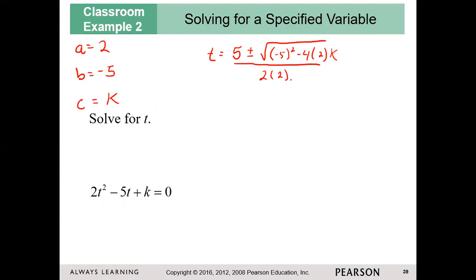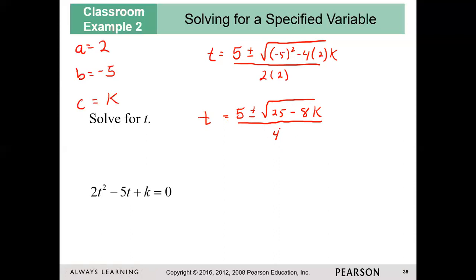And we've substituted everything that we needed to substitute, and now we're just going to try and clean it up as much as possible. So 5 plus or minus the square root of 25 minus 8k over 4. And believe it or not, this right here is the answer to this problem.